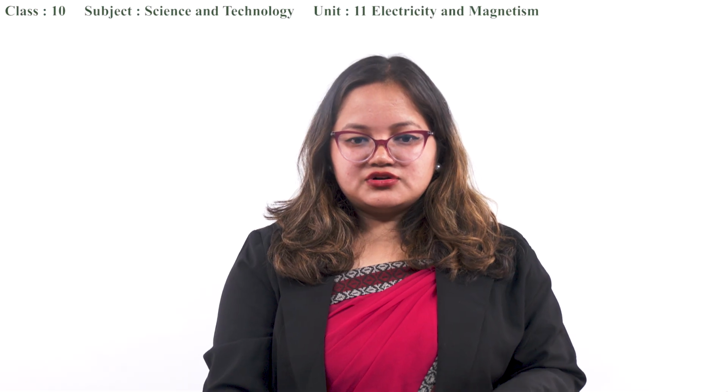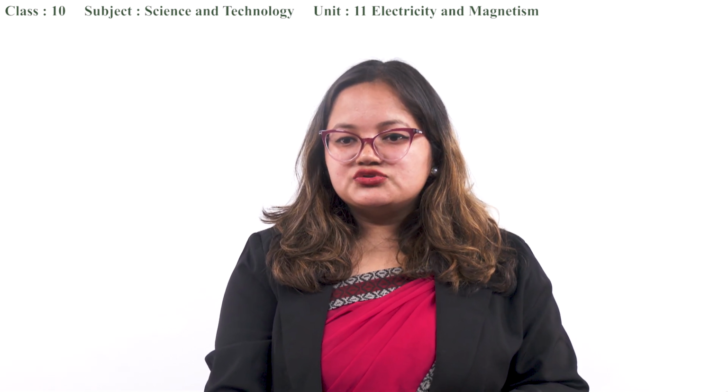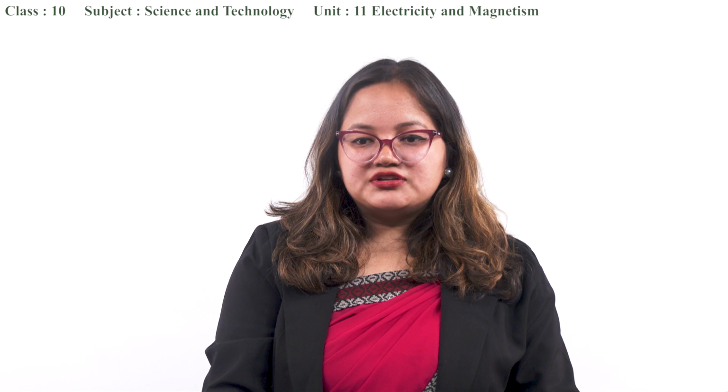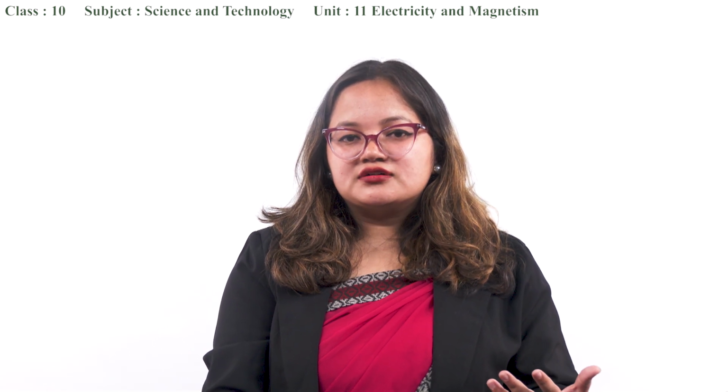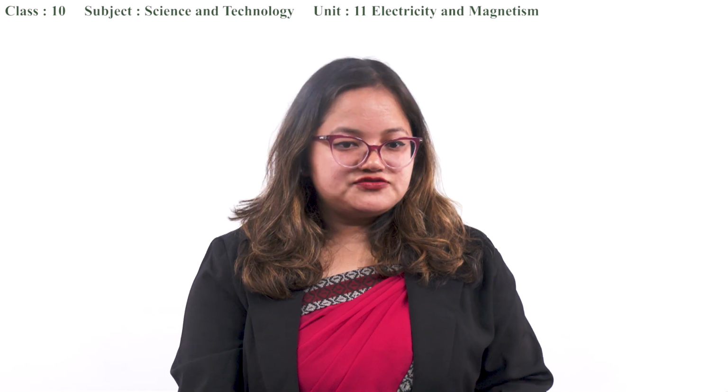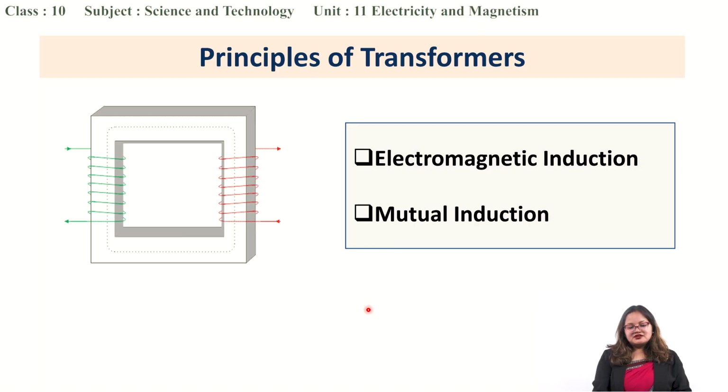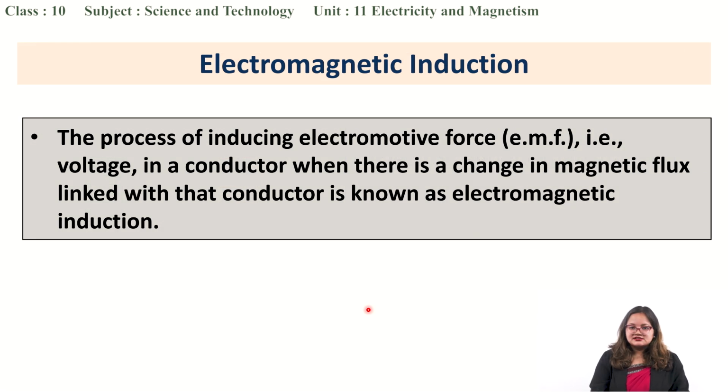Now we know some sort of construction of it, what types of materials are used, and what components are being used so far. Now let's talk about the principles that the transformer works on. So the principles of transformers are: one is electromagnetic induction, another one is mutual induction. About electromagnetic induction, we have frequently talked about this in our previous classes as well.